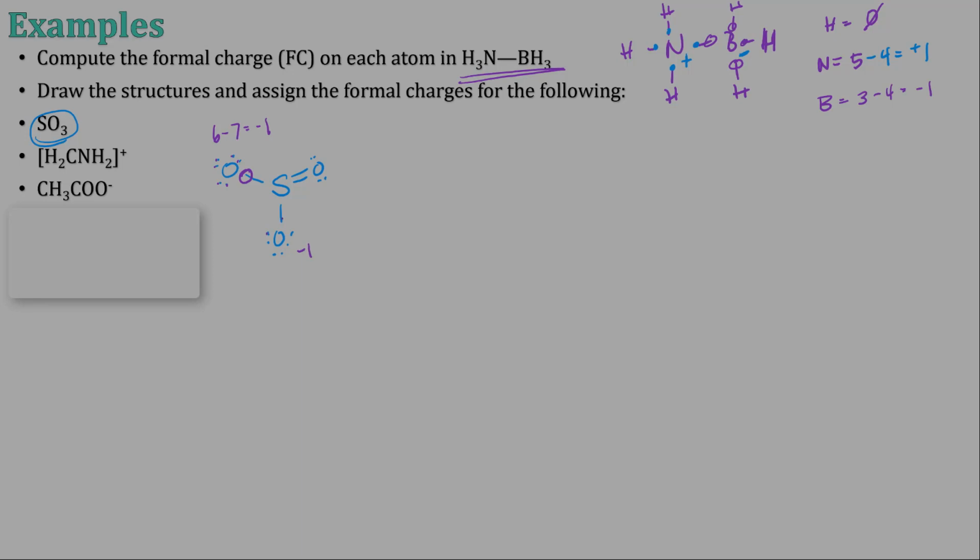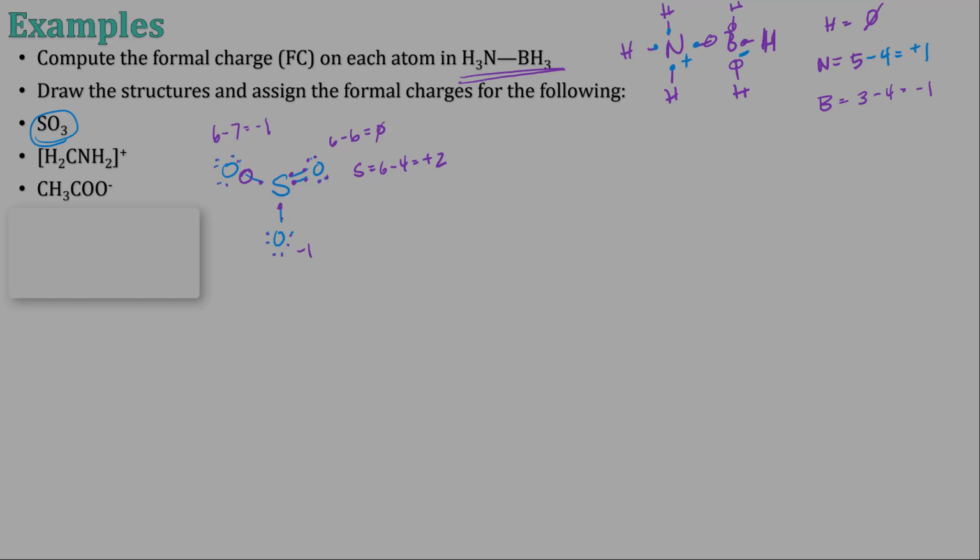We have 1, 2, 3, 4, 5, 6, 7. And then the oxygen on the right with the double bond, we should have 6, and we've got 1, 2, 3, 4, 5, 6. And then sulfur should have 6, and we've got 1, 2, 3, 4.